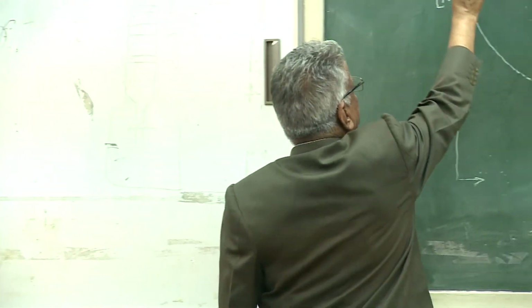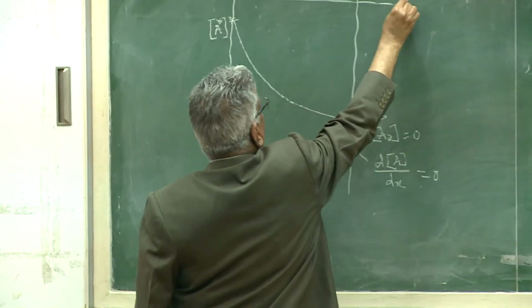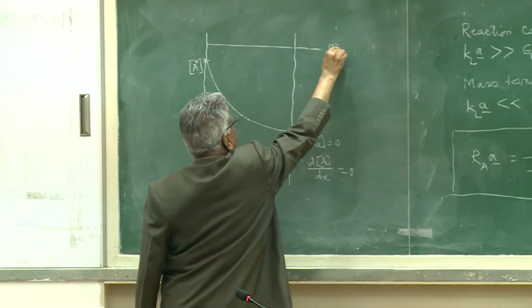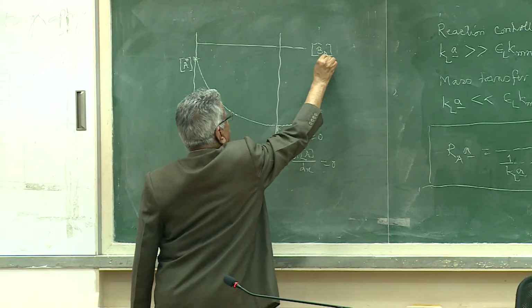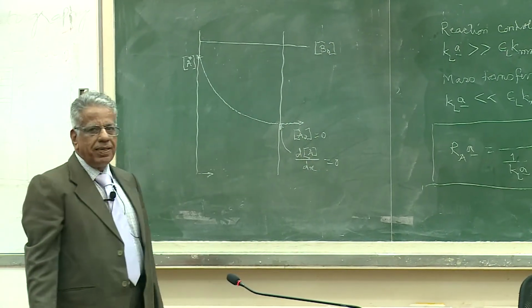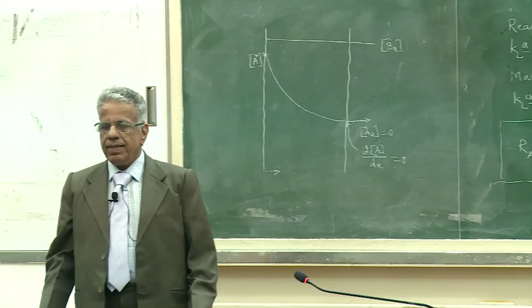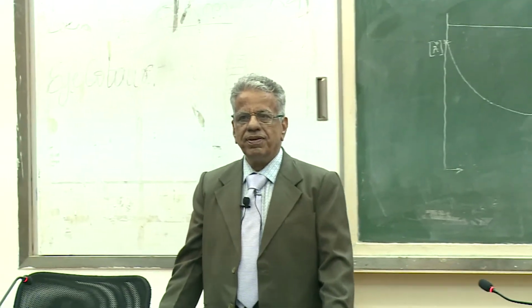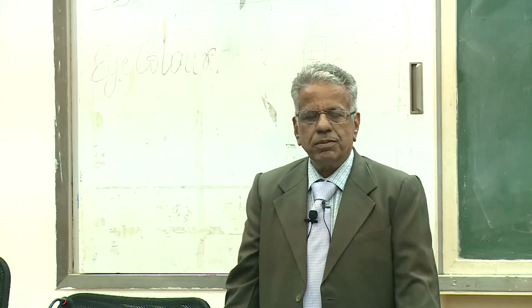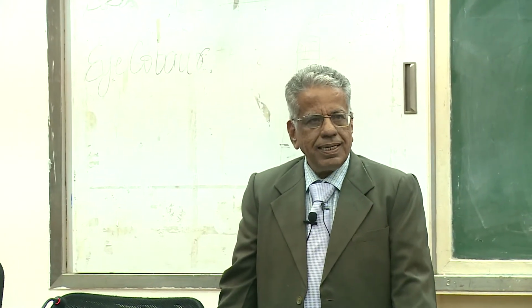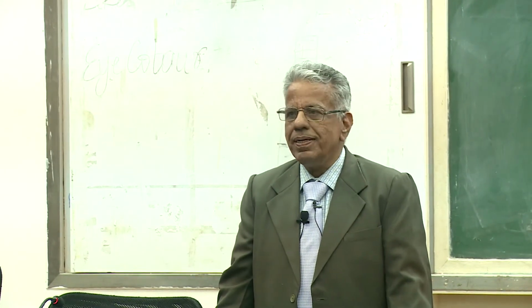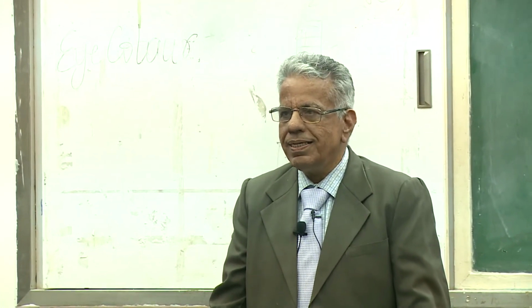I am writing B0 to be constant. Earlier also I considered B0 to be constant in the entire film, but I need to explain to you there are conditions under which this will happen, and there are some conditions under which this will not happen, right.